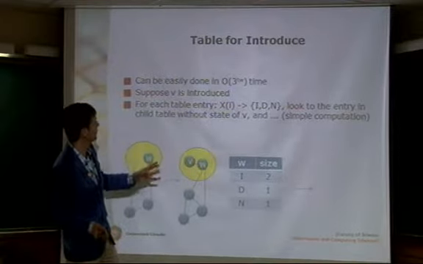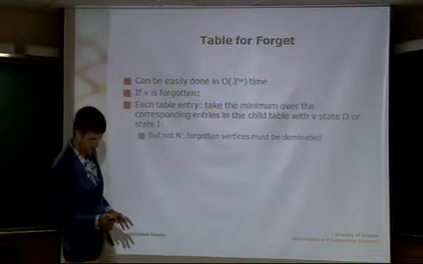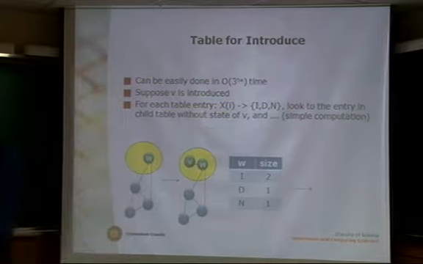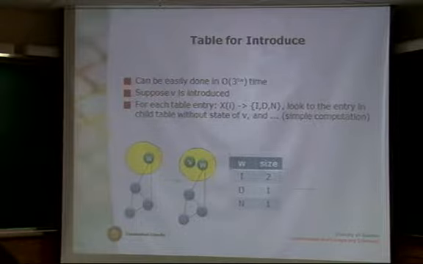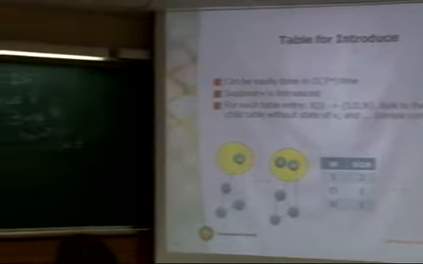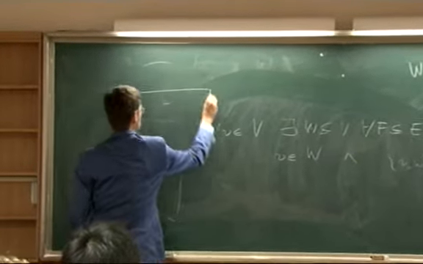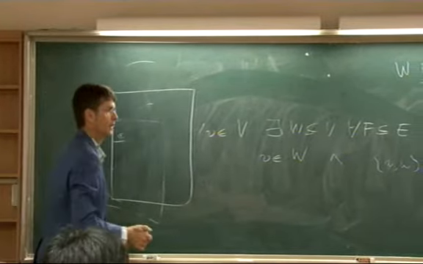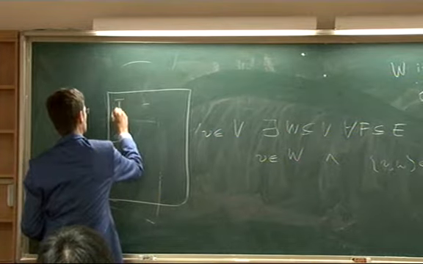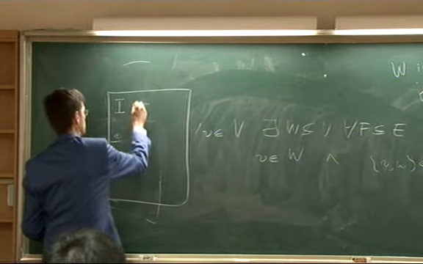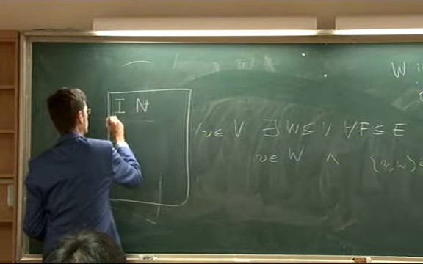Oh yeah, I was planning to draw a little bit of this on the whiteboard. Basically, what you need to do is for each of these table entries, you need to look. For instance, let's say I want to compute this one.